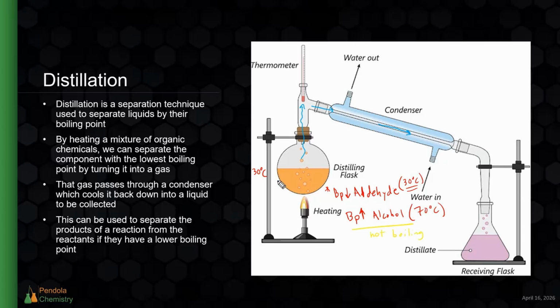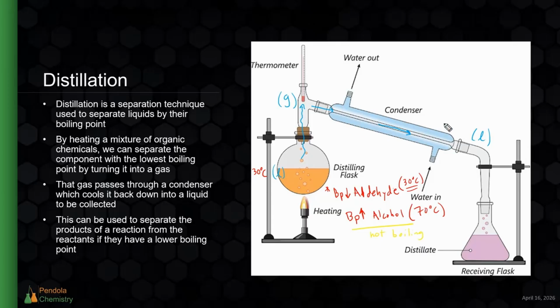So here, the liquid aldehyde turns into a gaseous aldehyde because it's boiling, but the alcohol isn't. Then the gaseous aldehyde, as it goes through a condenser, turns back into a liquid aldehyde and then gets deposited into this beaker. Why does it do that?